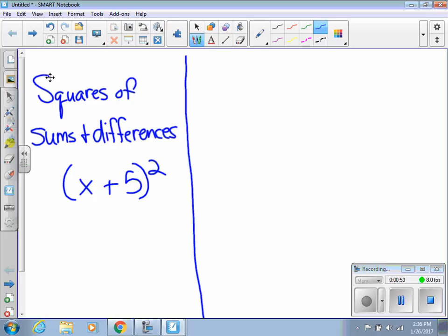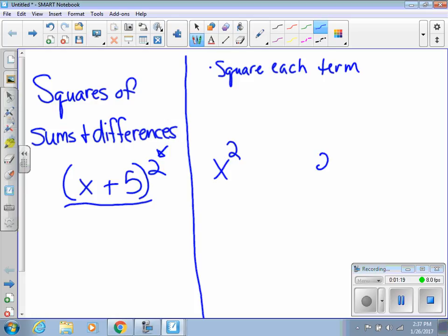So, when you have some binomial that's squared, you are going to square the first term. So you can even write square each term. So I'm squaring x, and over here I'm squaring the 5, which is 25.